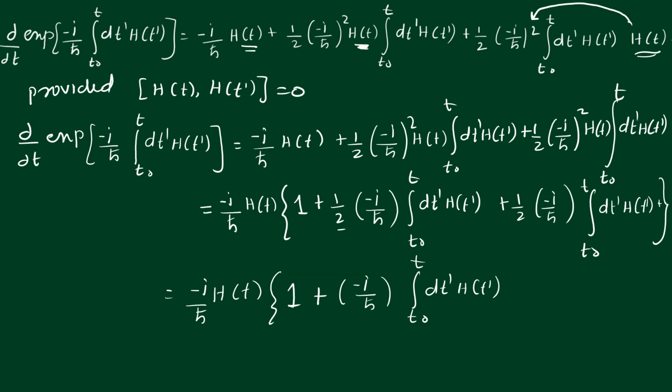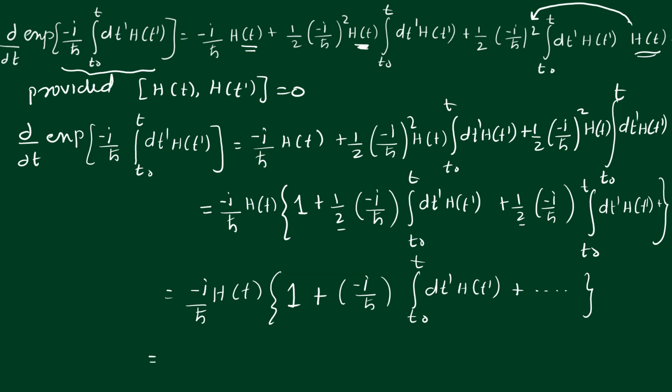We have just added these two, half plus half is 1, plus etc. There are other terms. Now if you look at this, this is exactly the first two terms in the power series expansion for exponential minus i/ħ integral t0 to t dt' H(t'). You can check the other terms, it will follow.